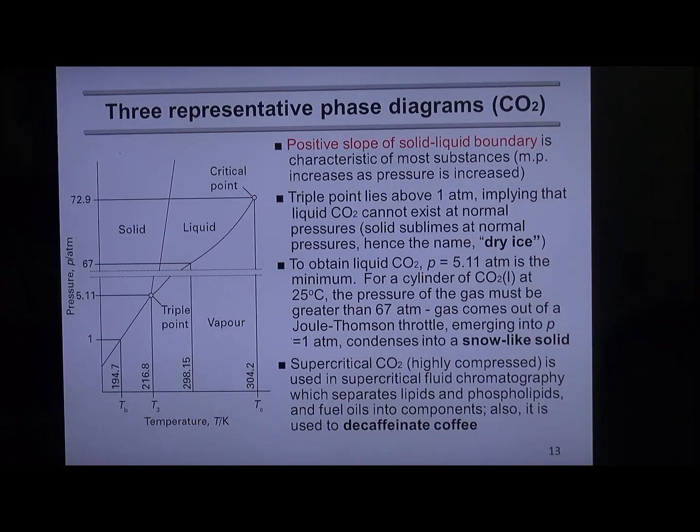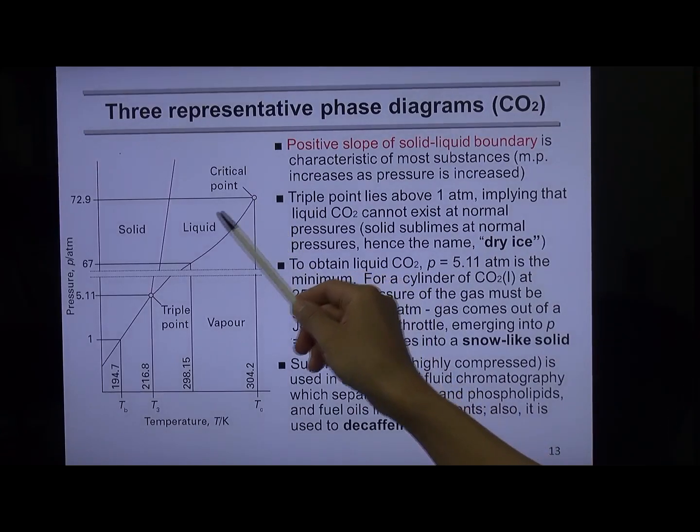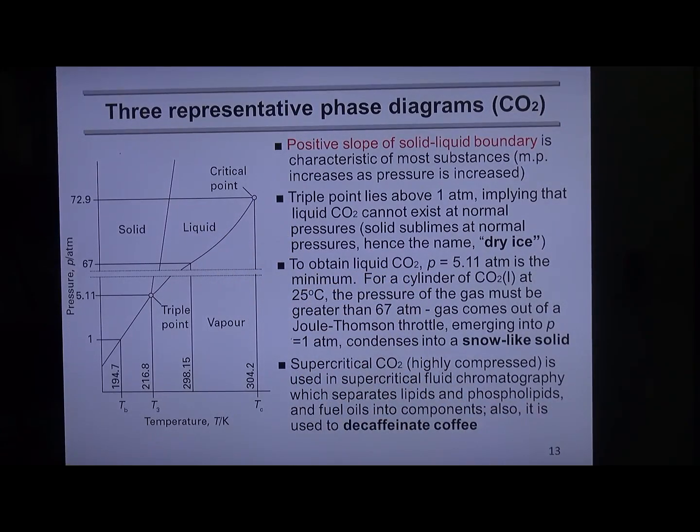Another important characteristic of the phase diagram of CO2 is the critical point here. The critical point lies at 72.9 atm, 304 Kelvin. It's a relatively low temperature. So it's relatively easy to make supercritical CO2 compared to other materials. So for supercritical fluid, CO2 is the most used material.